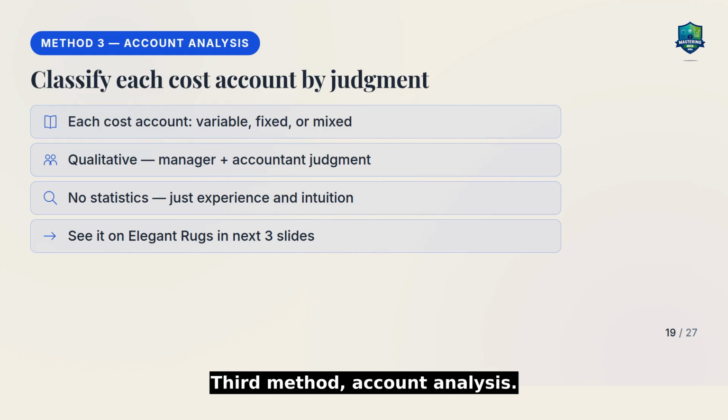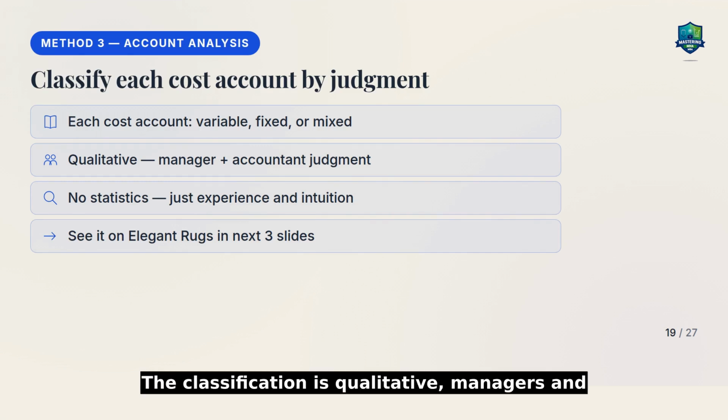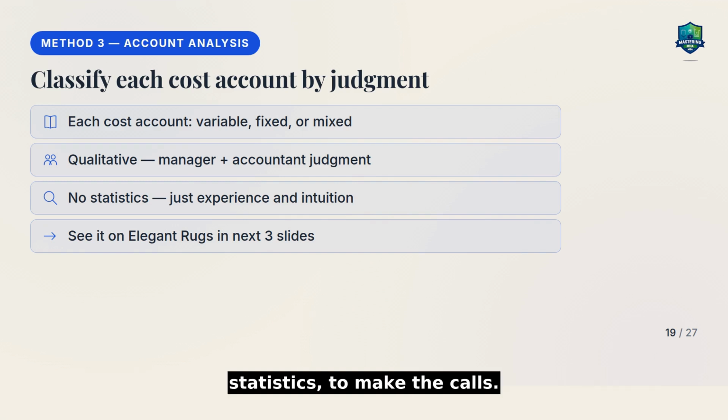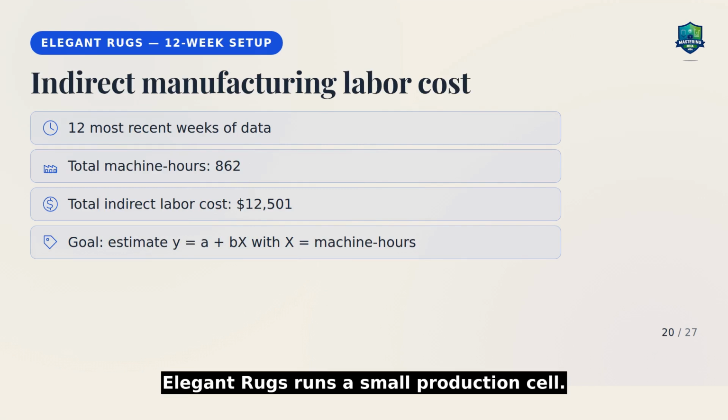Third method, account analysis. You estimate a cost function by going through each cost account and classifying it as variable, fixed, or mixed with respect to the chosen activity. The classification is qualitative. Managers and management accountants use experience and judgment, not statistics, to make the calls. The textbook example: Elegant Rugs runs a small production cell.